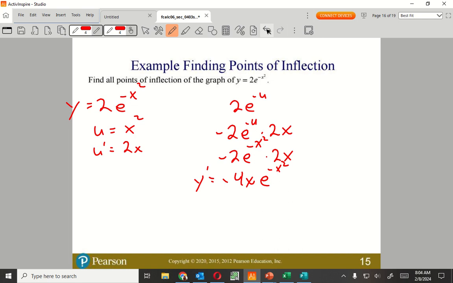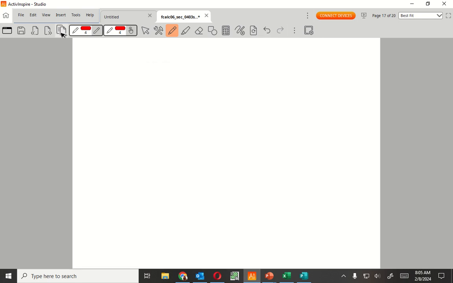Second derivative is going to be a product rule. So, rewrite it as y prime is equal to negative 4x e to the negative x squared.